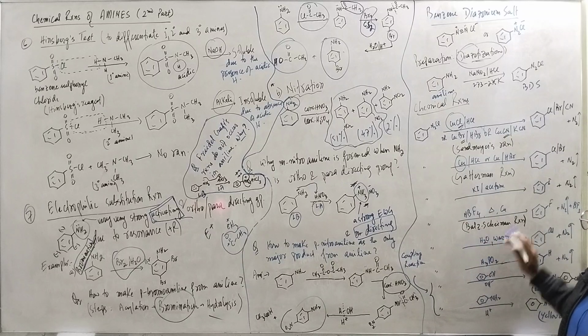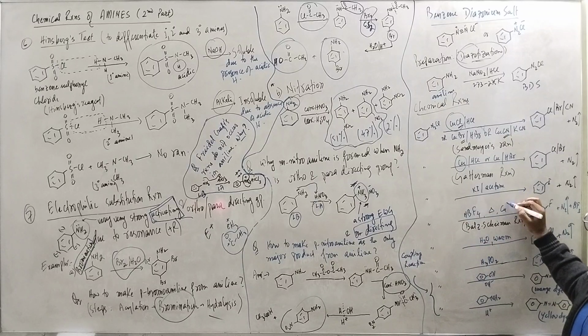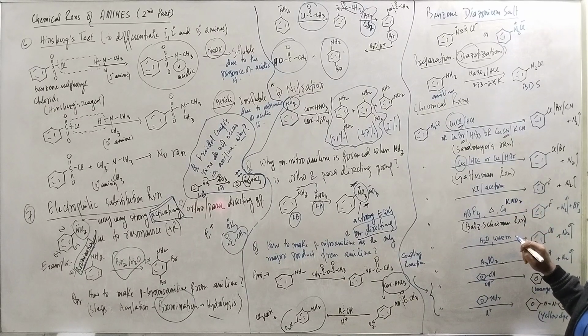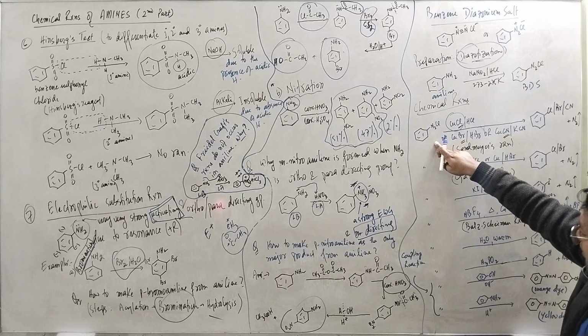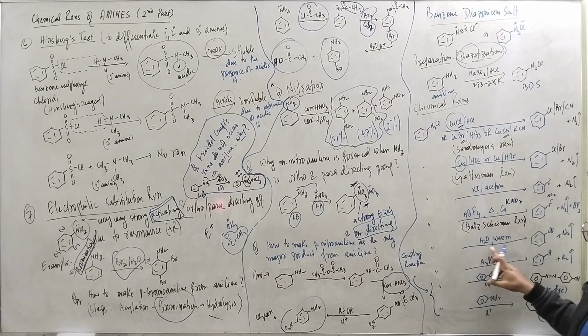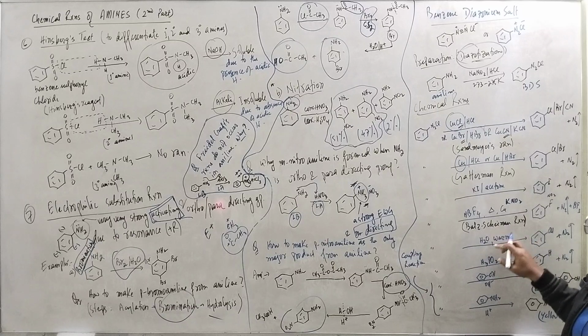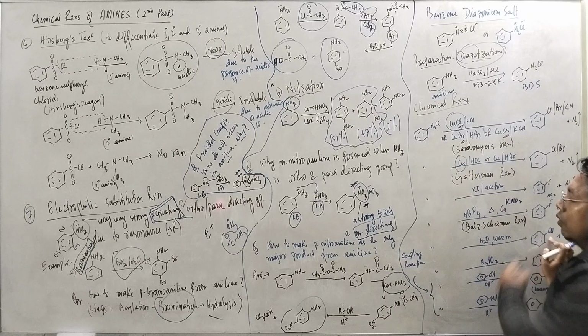If I take KNO2 instead, heating in presence of KNO2 and copper, then nitrobenzene is formed. Benzene diazonium salt reacts with water, and if it is heated, OH will substitute the diazonium group to form phenol.